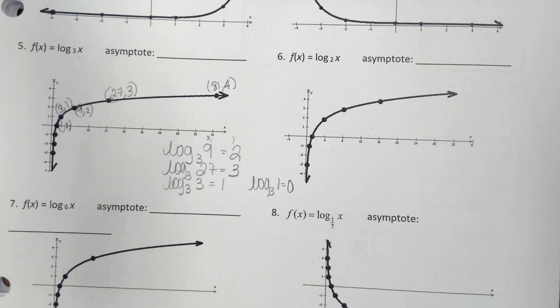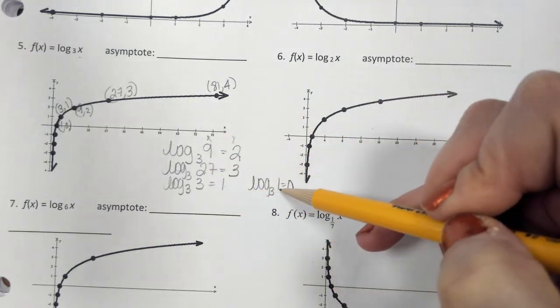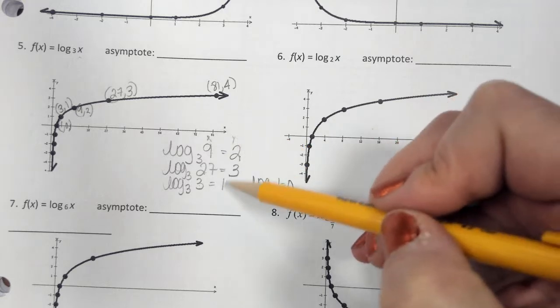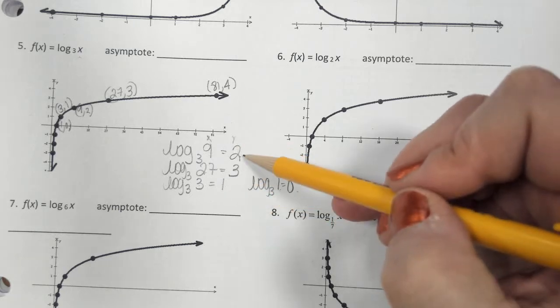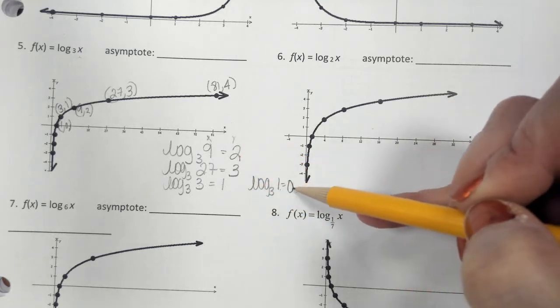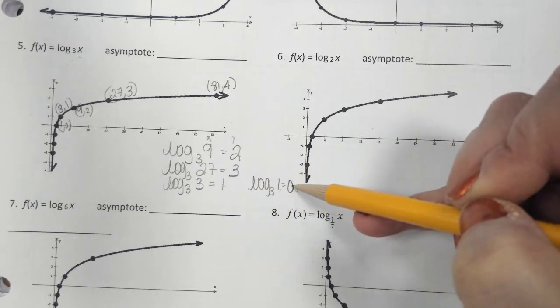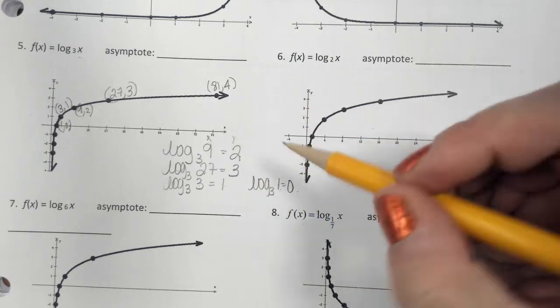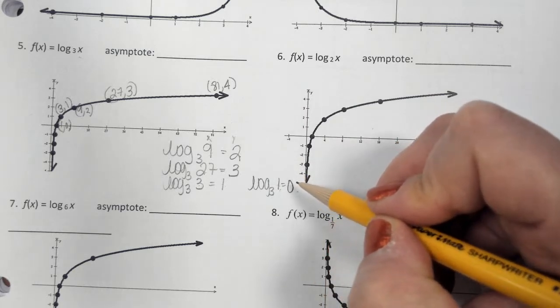And basically what we're doing here is, usually we pick easy values for x to plug in, but here we're picking easy values for y. So now let's think about if y was -1. So 3 to the power of -1 is 1/3. So my x would be 1/3 and my y would be -1.